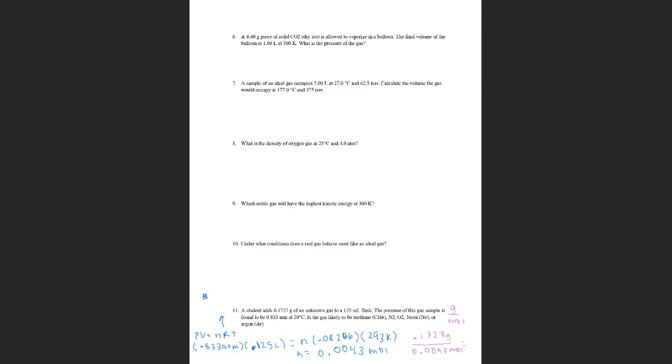What do we get for molar mass? Yeah, so we get 39.87.